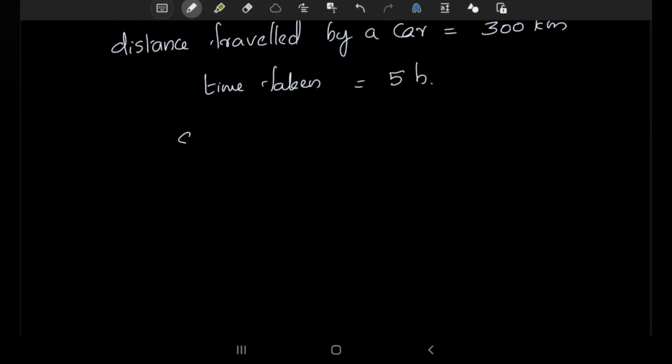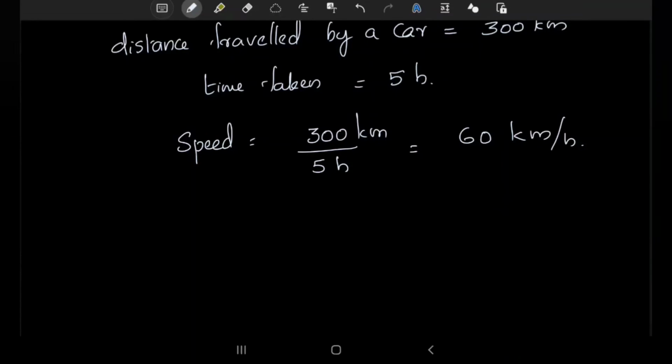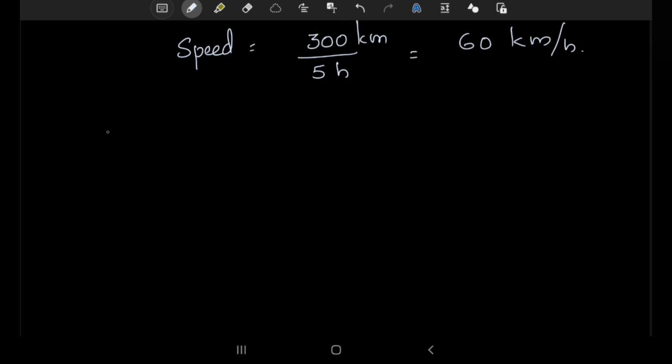So speed is equal to distance by time. This is in kilometer and this is in hour. So the speed is equal to 60 kilometer per hour. And it is given in the question itself that the speed is increased by 15 kilometer per hour.